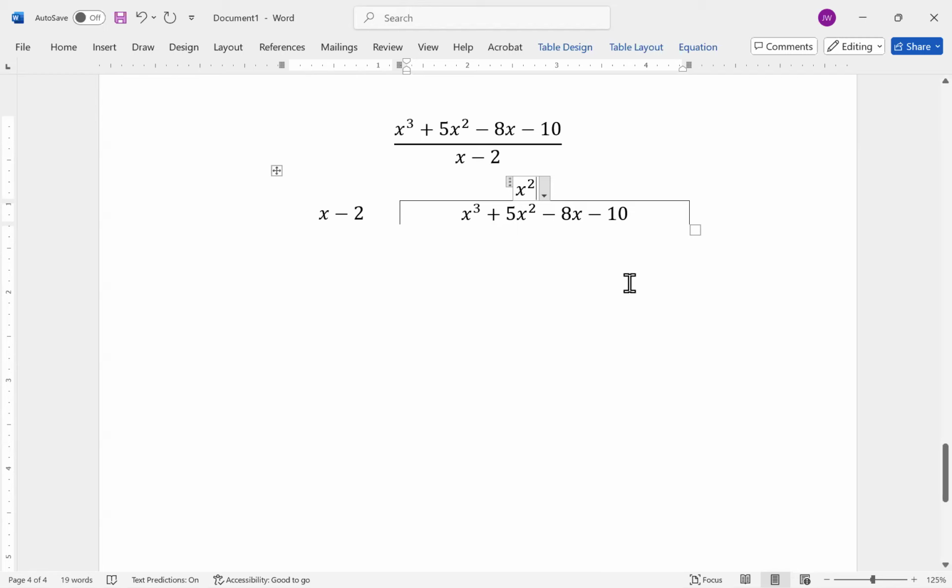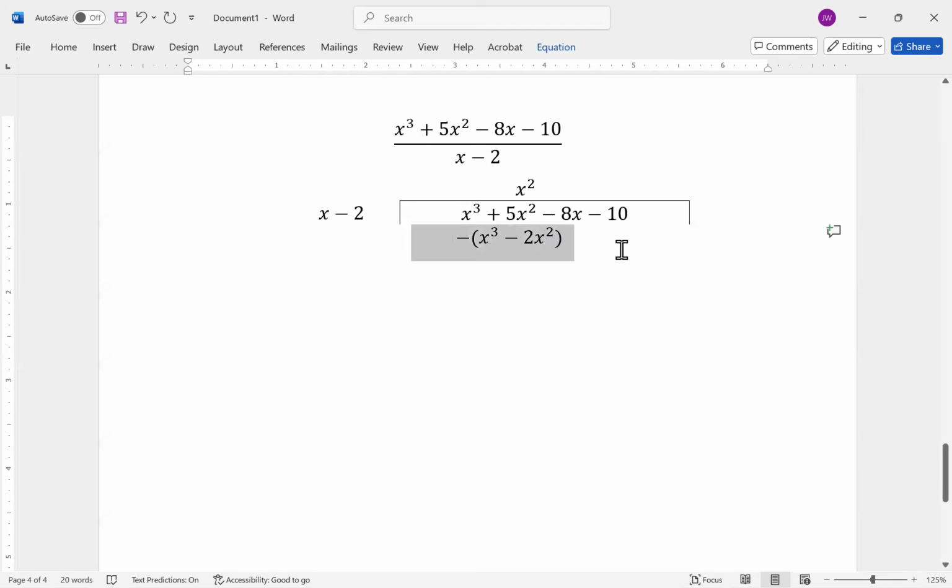And again, usually I align it with the other x squared terms. So I multiply x squared times x minus 2. That's going to give me an x to the third minus 2x squared. And then I put that in parentheses and subtract.